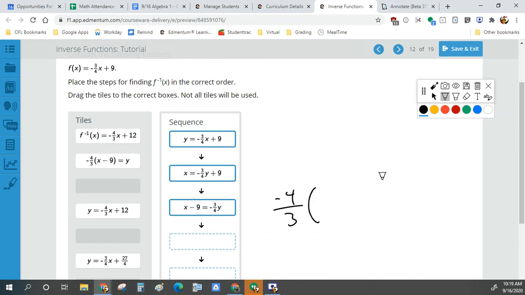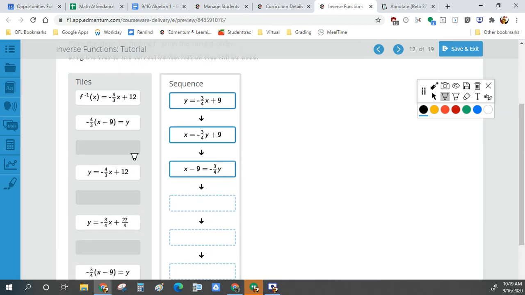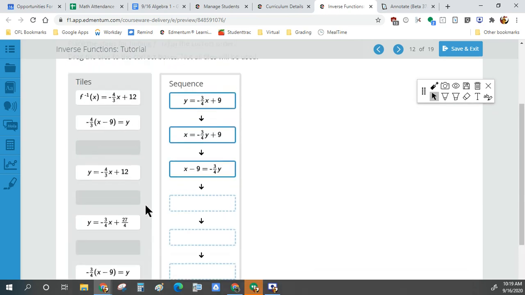The reason why it works doing it this way is because the 4's cancel, the negative cancels out with the negative. Negative times the negative is a positive, and the 3 cancels out with the 3. So they kind of skipped a step there, and I'm not a big fan of them doing that. I don't know why they always do that, but they do, and I hate it.